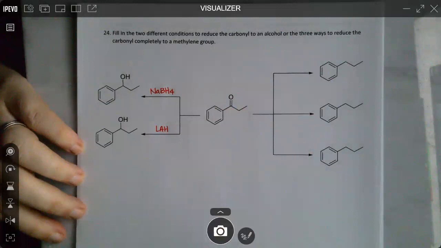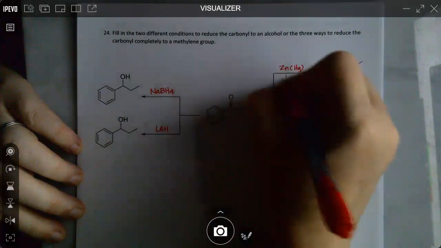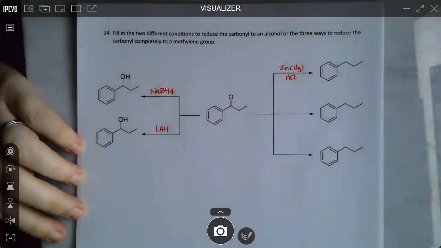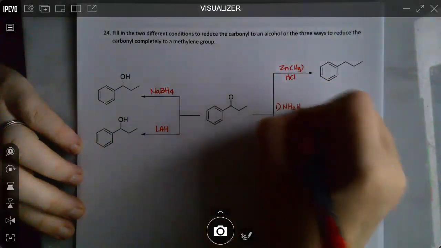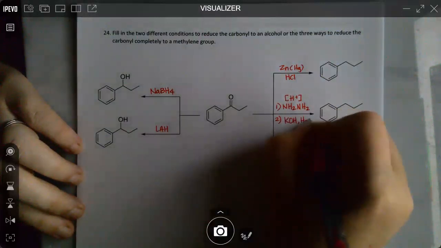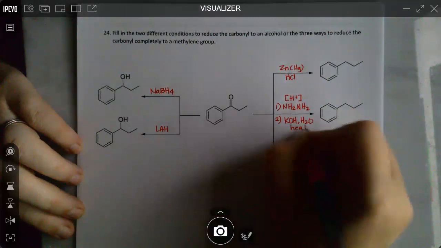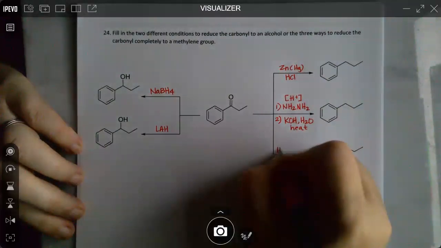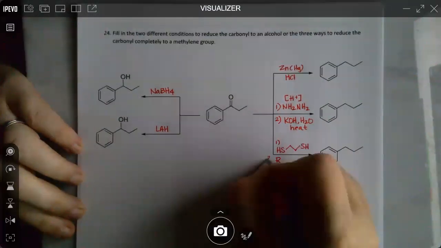We can do a Clemmensen reduction, so zinc mercury amalgam and HCl. We can do the Wolff-Kishner reduction, which utilizes hydrazine to make a hydrazone intermediate, followed by treatment with aqueous potassium hydroxide and heat, right? Or we could form a dithiol and then do a Raney nickel reduction.